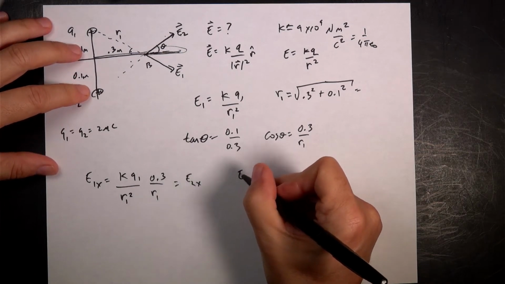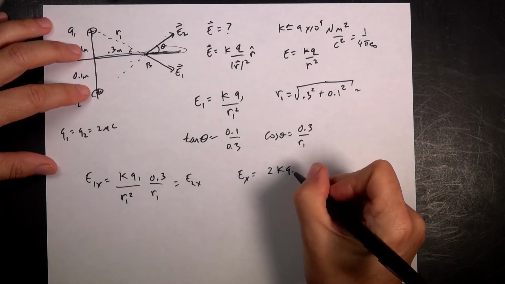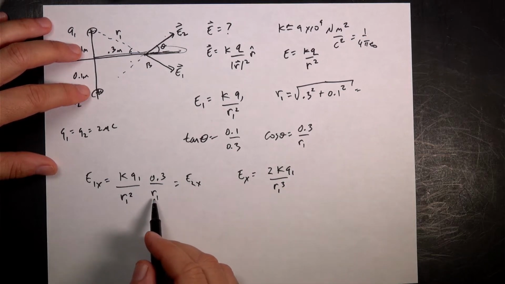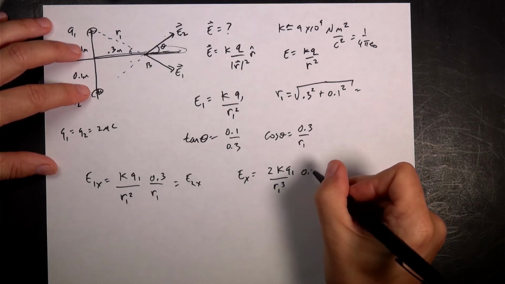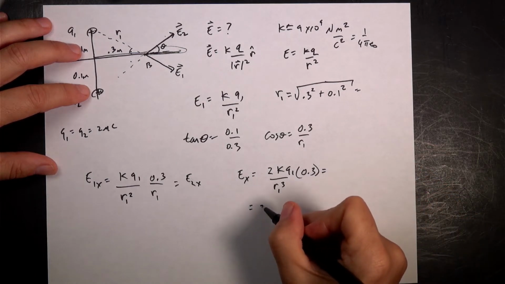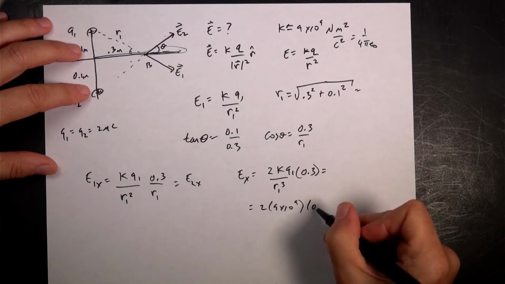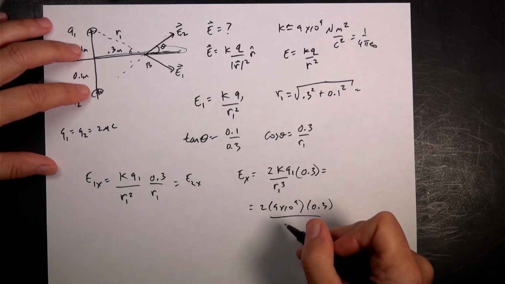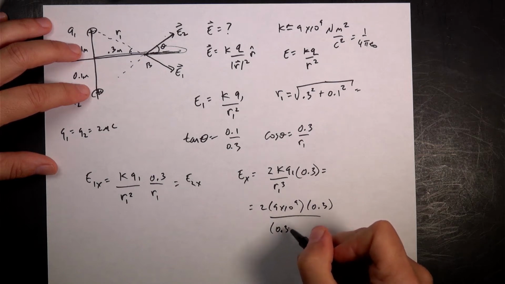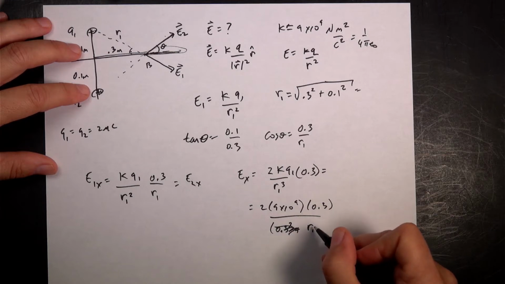So Ex is going to be 2K times Q1 over R1 cubed, because I have R1 squared times R1, times 0.3. So let's go ahead and put in our values. 9 times 10 to the 9th, 0.3, and then this is going to be R1 cubed.